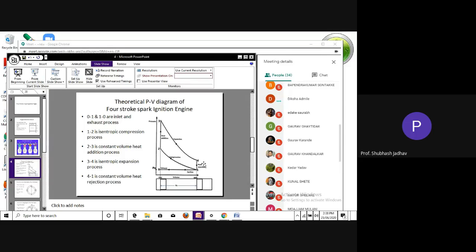Okay, see here when we say heat is added, we are saying that heat is added to gases. Earlier it was at a different temperature. Now due to the combustion process, the temperature has increased. Is something like this happening here? Kunal Shetty, can you unmute yourself?